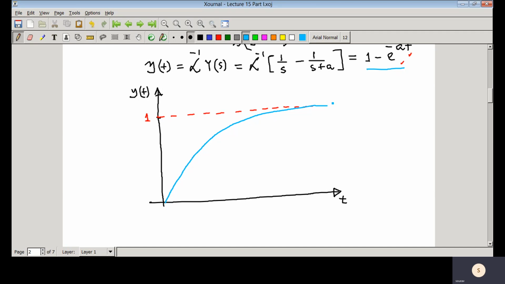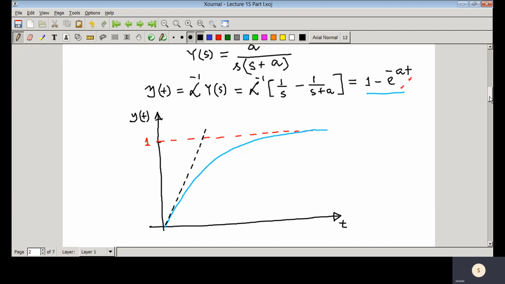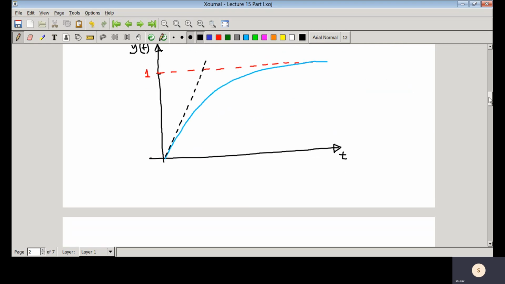And here you can see a few things, that is, when t equals 0 it has some slope, and we can also analyze this particular response. Here you can see y(t) equals 1 minus e to the power minus at.